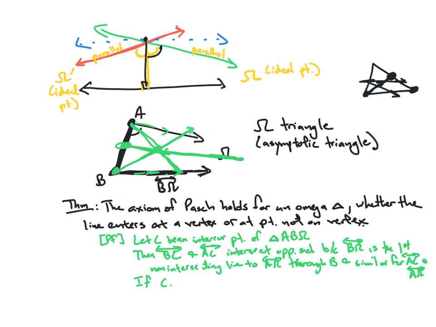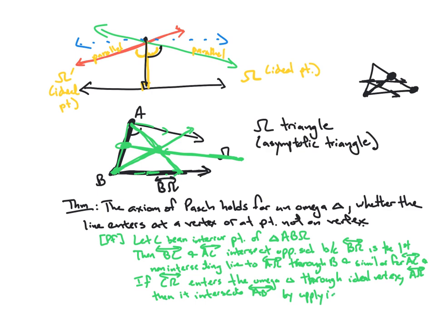So we can say if C omega enters the omega triangle through the ideal vertex, okay, then we can just apply Pasch's theorem to triangle ABC, and then it intersects AB by applying the axiom of Pasch to triangle ABC. Okay, and then we're done.